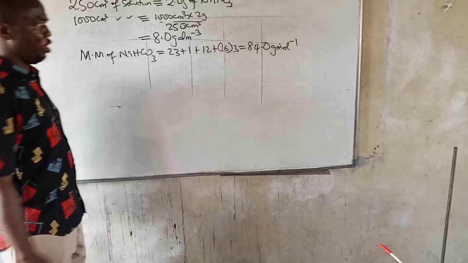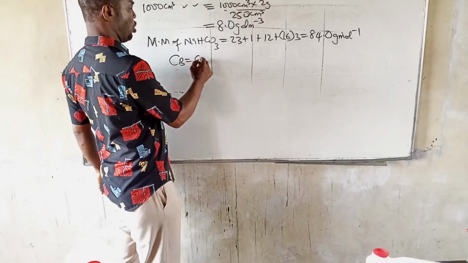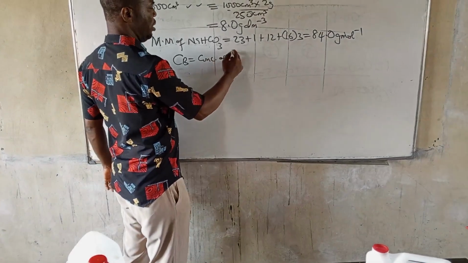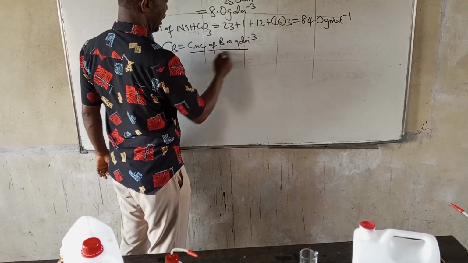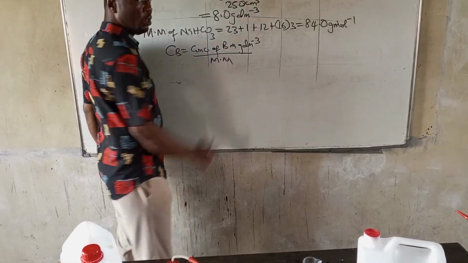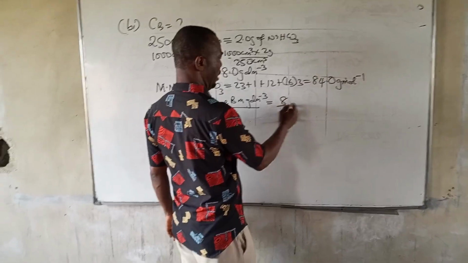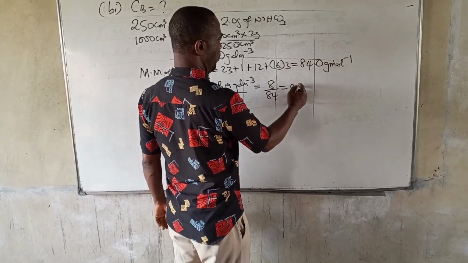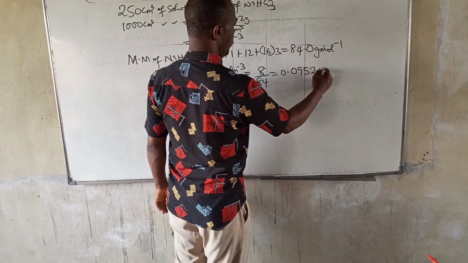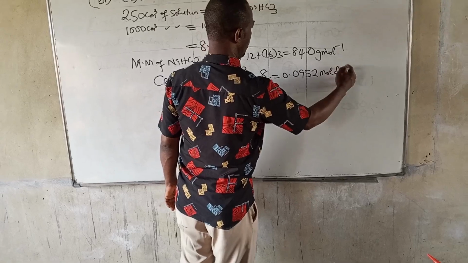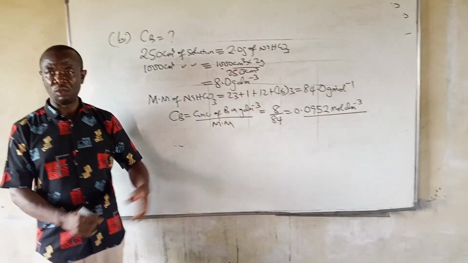Having done that, we're looking for CB. So CB is given by the concentration of B in gram per dm cube over the molar mass of B. When you solve this, we have 8 over 84, which gives us 0.0952 mole per dm cube. So that is the concentration of B in mole per dm cube, which you were asked to calculate.